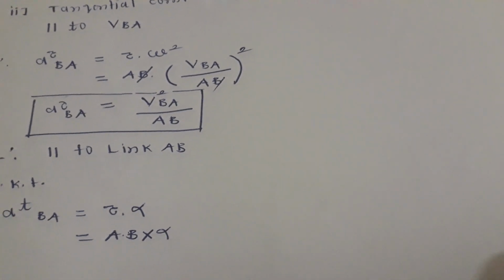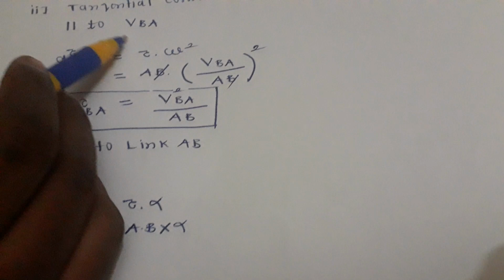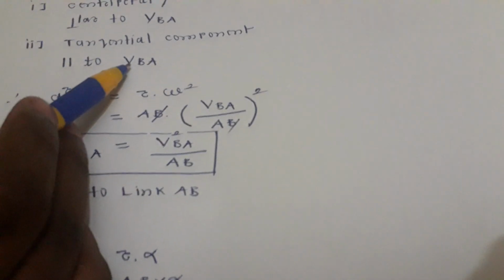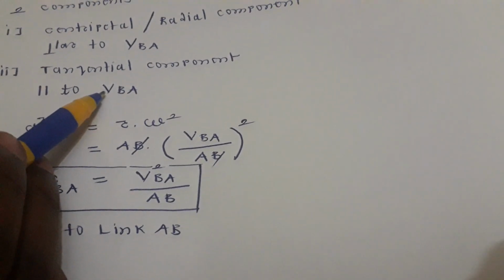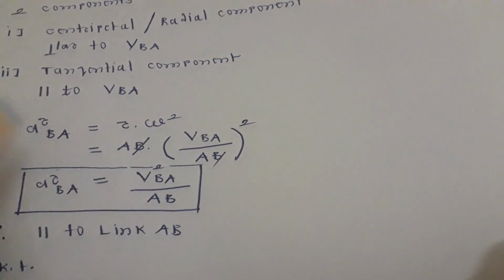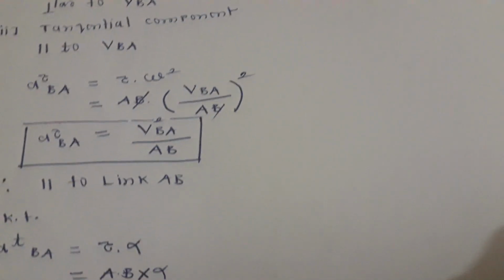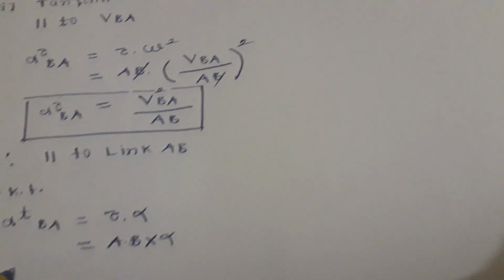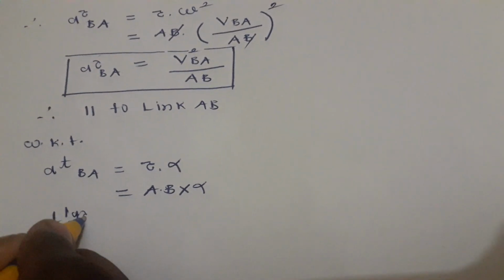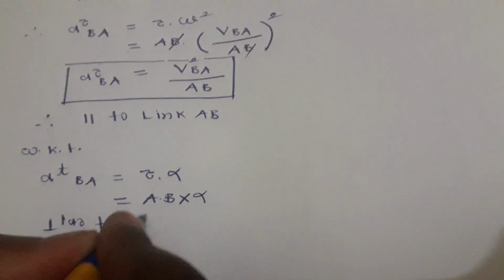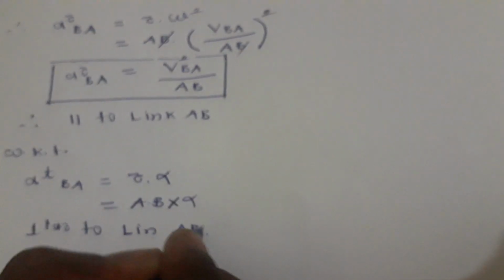Again we can see it is parallel to the linear velocity, or in other words, it will be perpendicular to link AB.